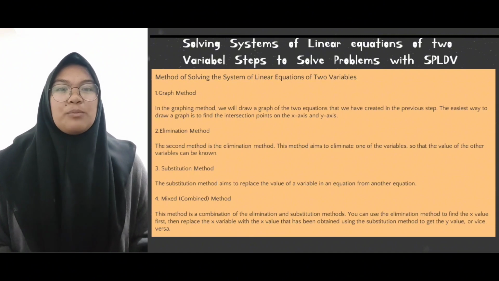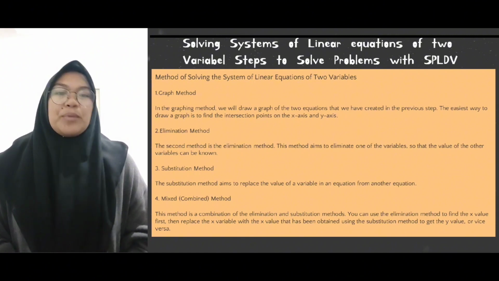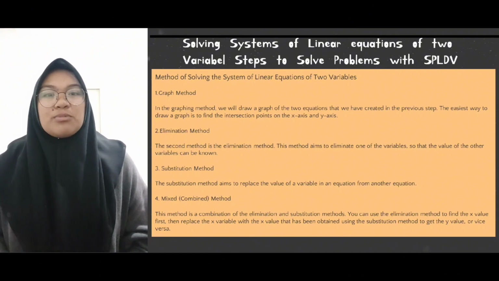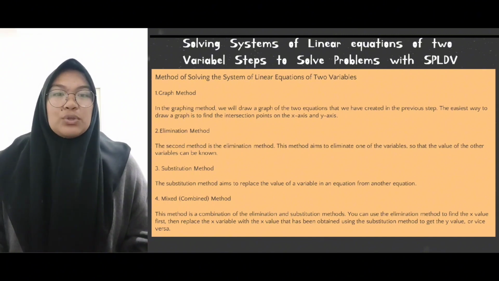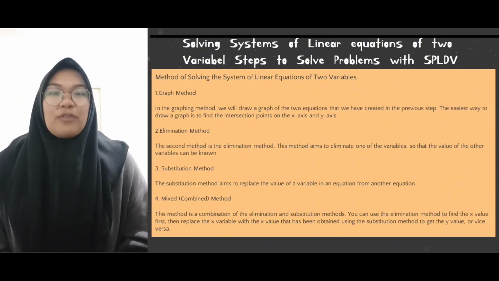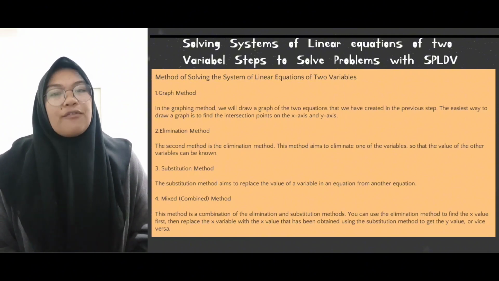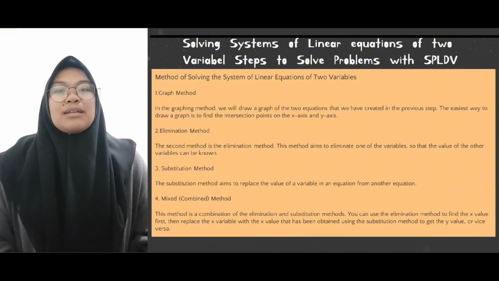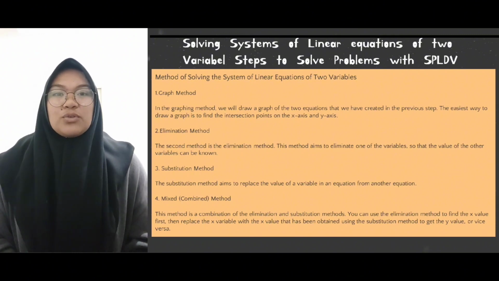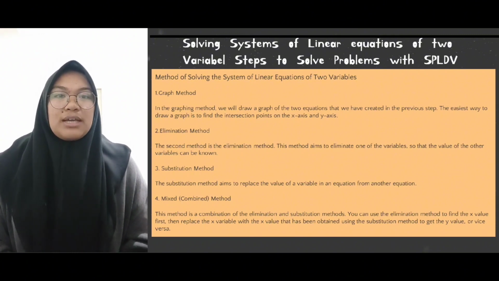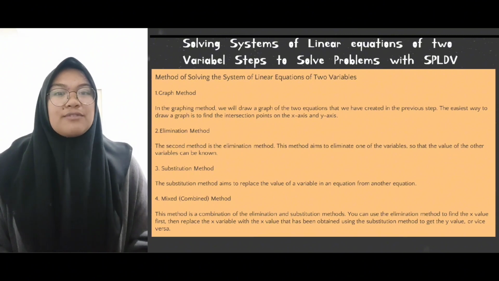Mixed or combined method. This method is a combination of the elimination and substitution methods. You can use the elimination method to find the x value first, then replace the x variable with the x value that has been obtained using the substitution method to get the y value, or vice versa.